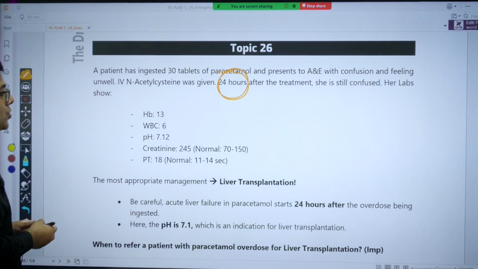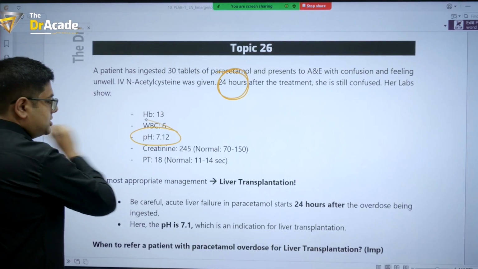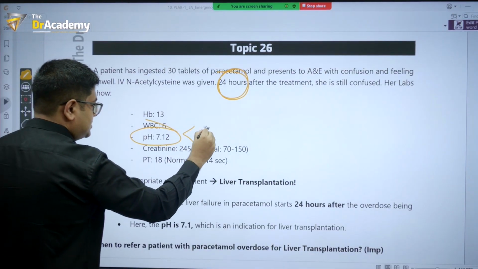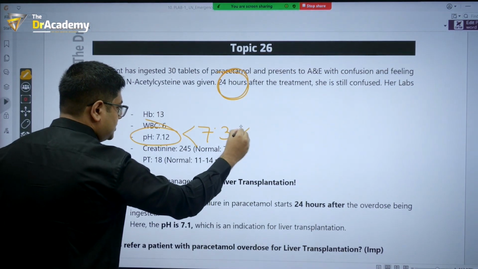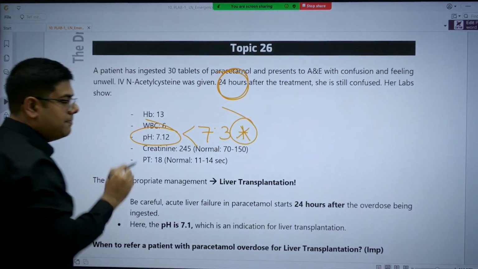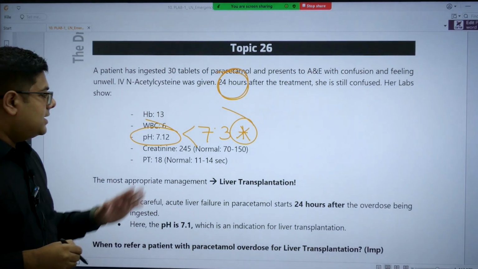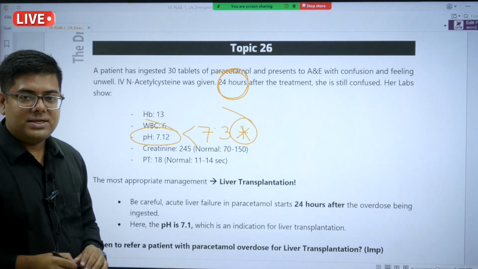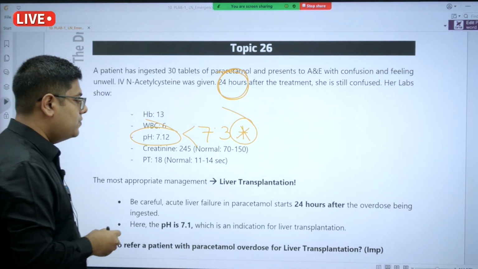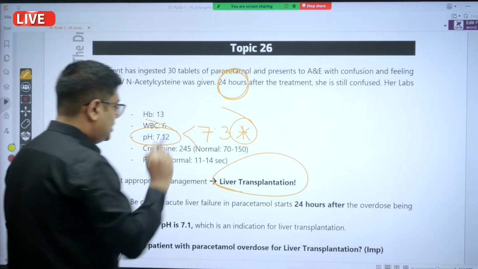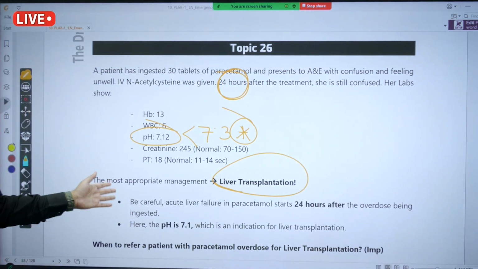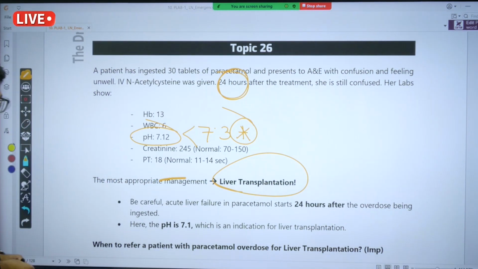Her labs show pH less than what? 7.3. So this must ring a bell in your mind that you are talking about what? King's College criteria for what? Liver transplantation. Right. So most appropriate management, liver transplantation.